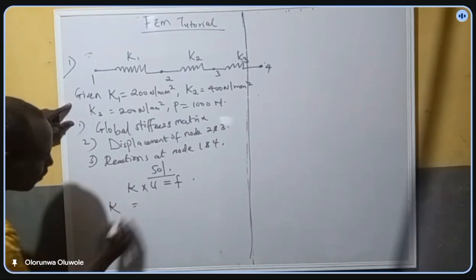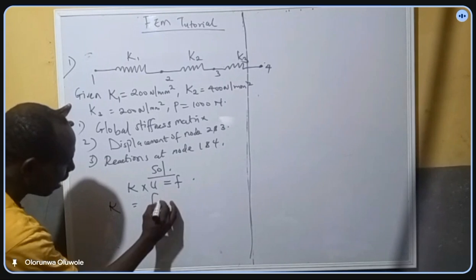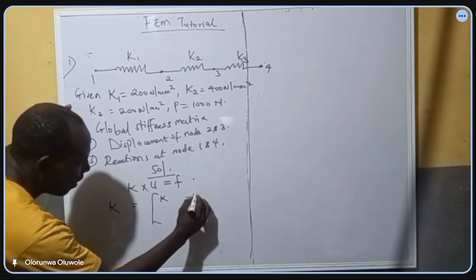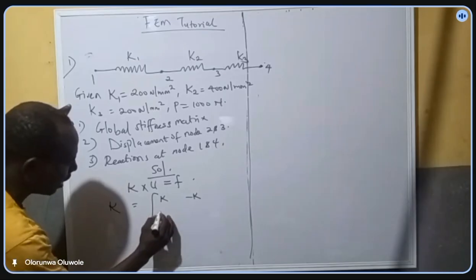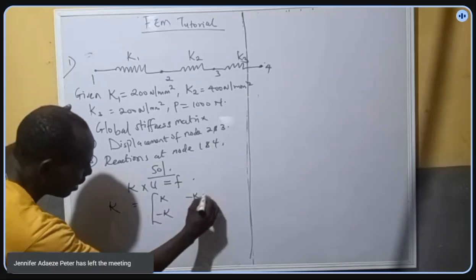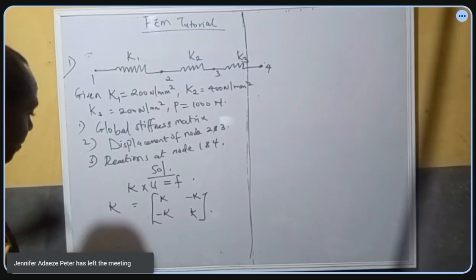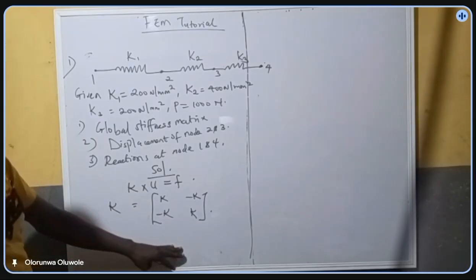So the first one, we know our stiffness K. The formula for the spring is K, minus K, minus K, and K. Am I right? Yeah, you are.